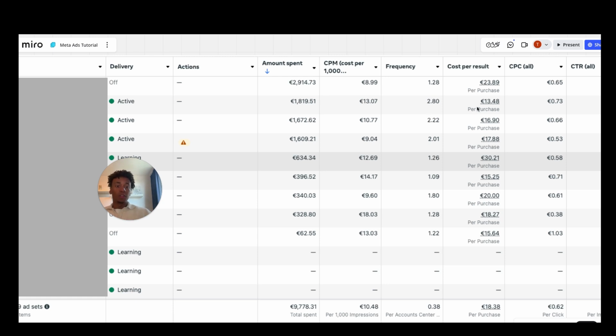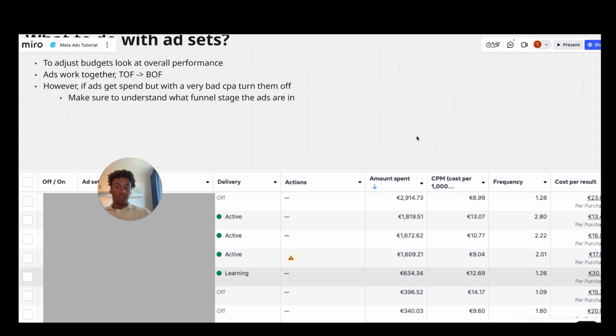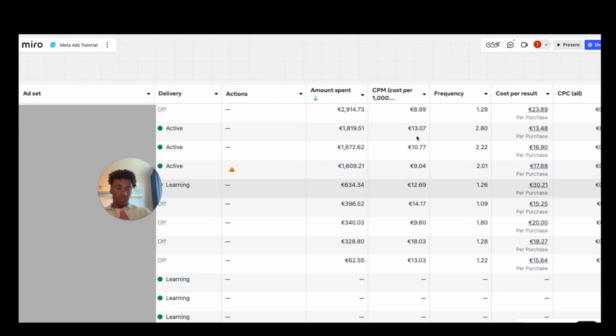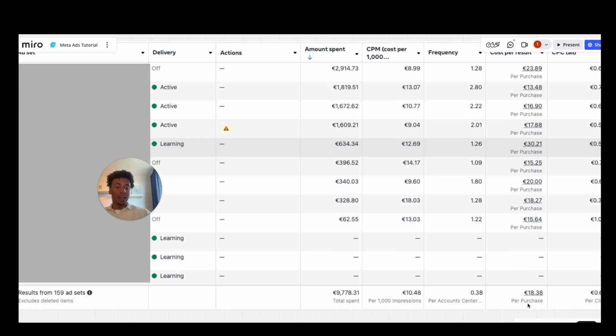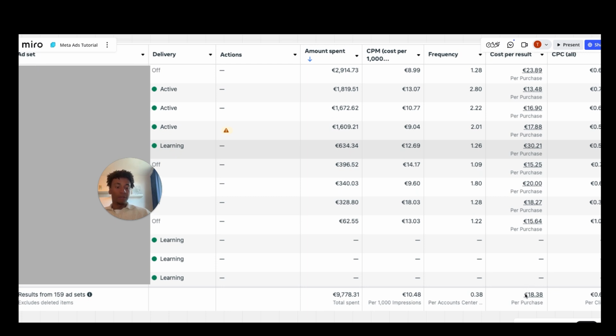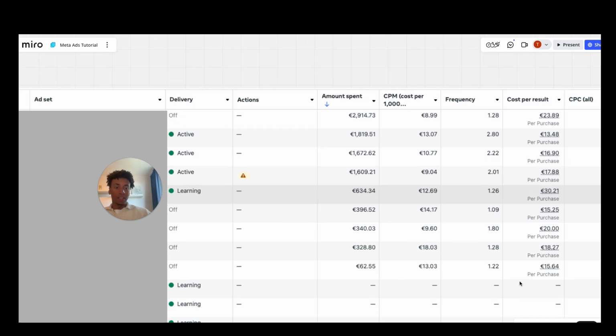But this ad would never perform very well without this initial ad reaching the new audience and gathering brand awareness about your brand. So you need to understand how different ads work together and the different funnel stages, because you need to properly judge whether this is bad performance or not. You need to understand that this ad is a very top of funnel ad. So if that is slightly above your cost per purchase target, or above the average of the entire campaign, you know that it is okay.